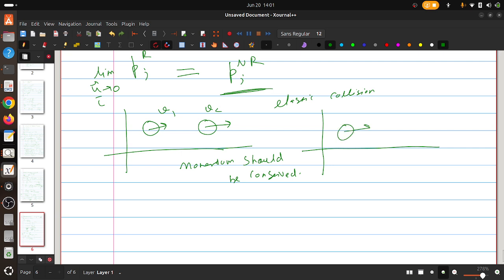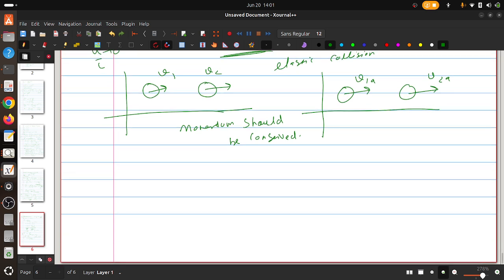So after the collision, let us say you have velocities V1A and V2A, A for after, right? And now you see the same system with respect to a frame moving with velocity V along the x-axis.